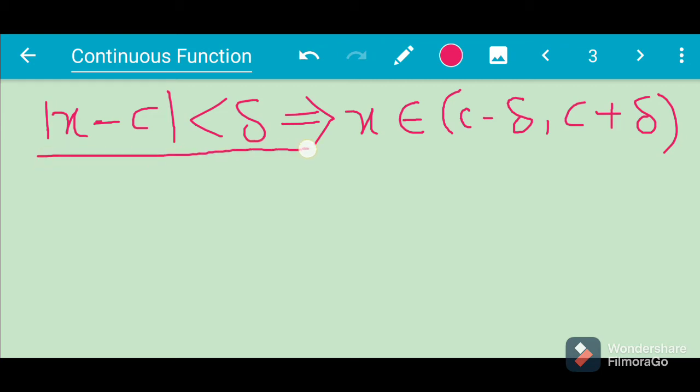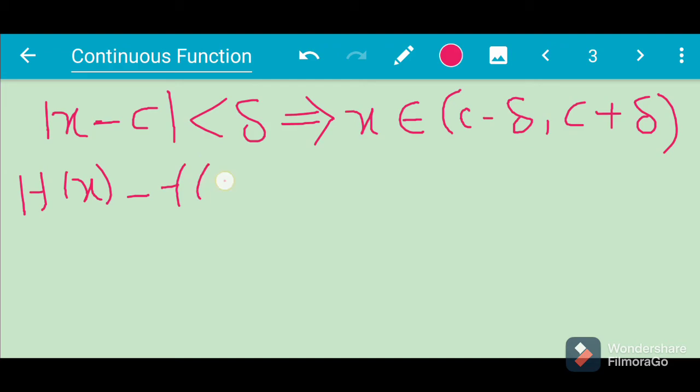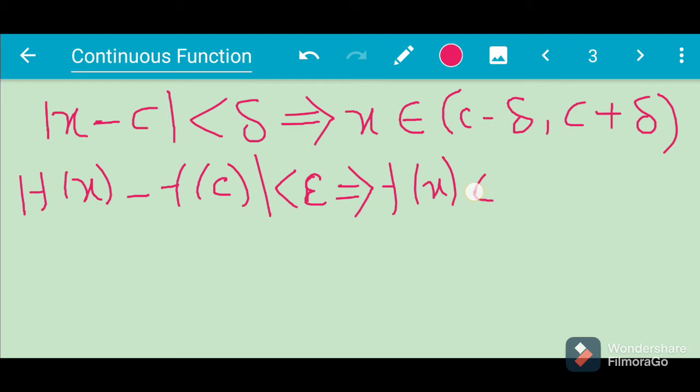Now come to this part: mod of f(x) minus f(c) less than epsilon implies f(x) belongs to the open interval (f(c) minus epsilon, f(c) plus epsilon).